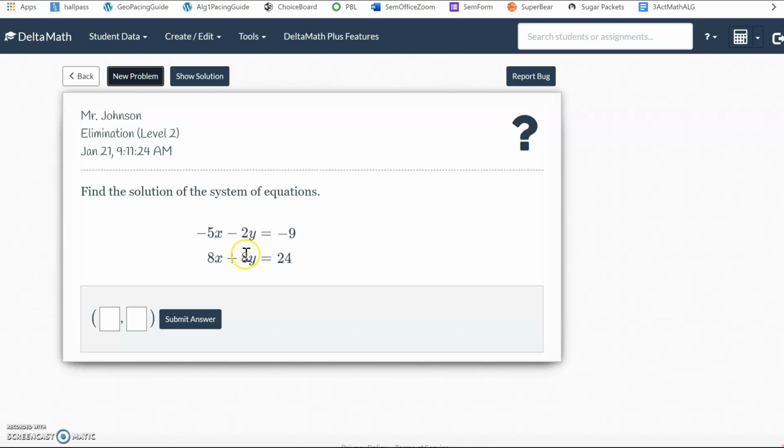Okay, so 2 and 8, do they have a least common multiple of 8? Yes, they do. What that means is I can multiply the 2 by something to get an 8. What is that? 4. So if I multiplied the 2 by 4, it would become an 8. Go ahead and give that a shot. Multiply the whole top equation by 4, pause the video, and then resume and see if we have the same system.